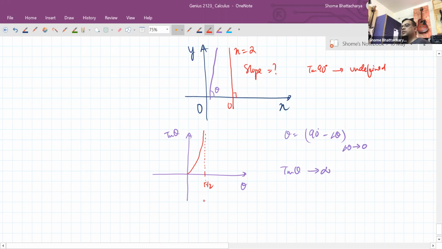But then, of course, the moment theta becomes greater than pi by 2, it approaches minus infinity and comes back, and then again at 3 pi by 2 the same thing happens. So you can see first quadrant tan is positive, second quadrant tan is negative, third quadrant tan is again positive, fourth quadrant again it is negative. Okay. So now imagine this curve's slope.